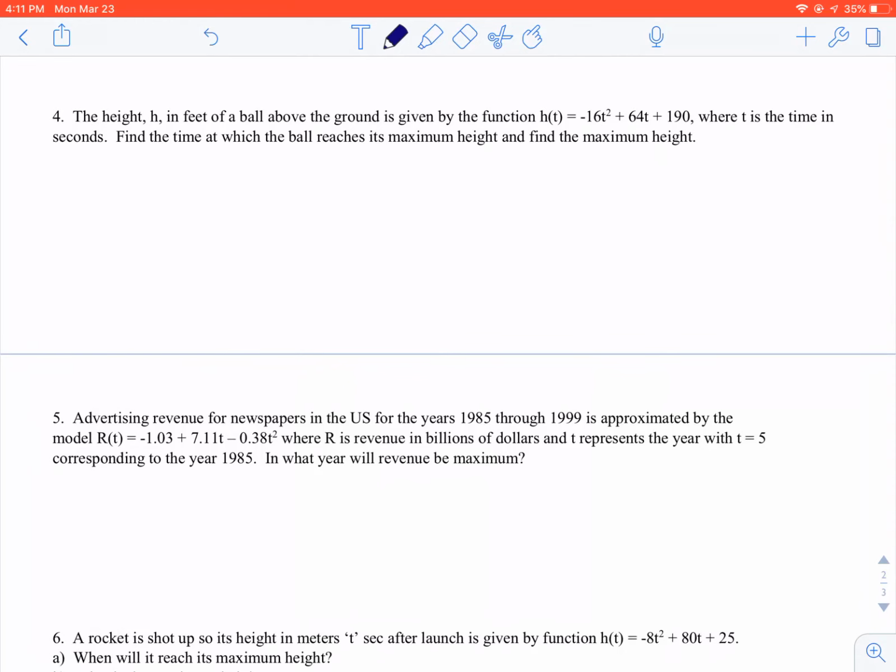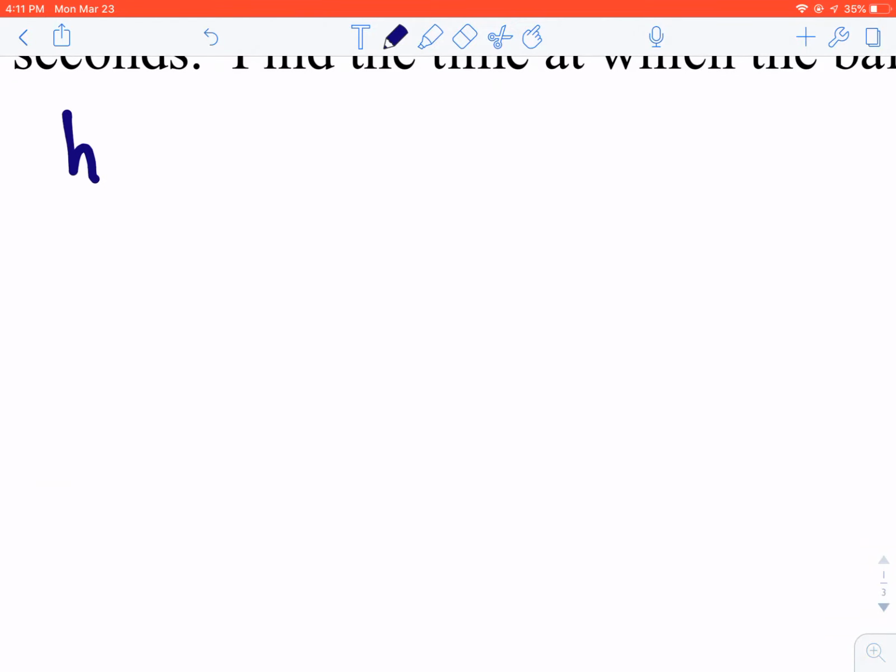And first of all, just to get an idea about the function, what does h of 0 mean?